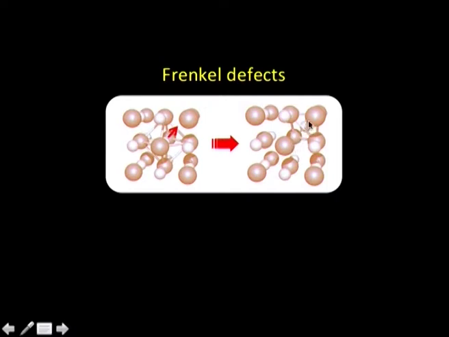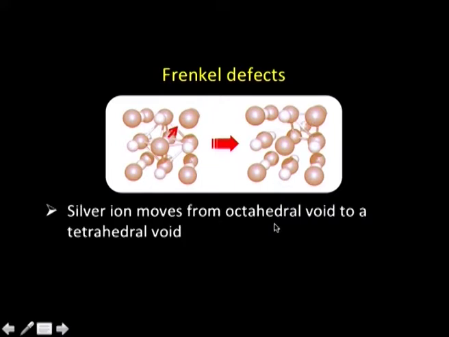As a consequence, this position becomes vacant. This is a cation vacancy now, and this position, which was actually interstitial, is occupied by the silver cation. Such a defect is called Frenkel defect. That is, the silver ion moves from an octahedral void into a tetrahedral void. Tetrahedral void happens to be an interstitial position. Octahedral void was its original position, which now becomes a cation vacancy.